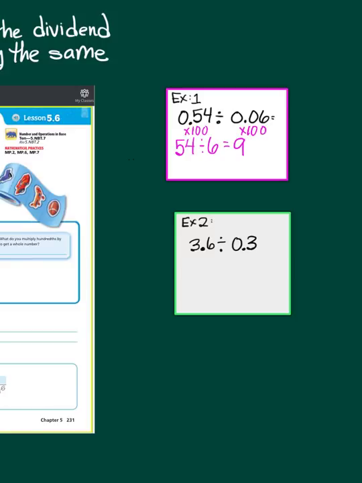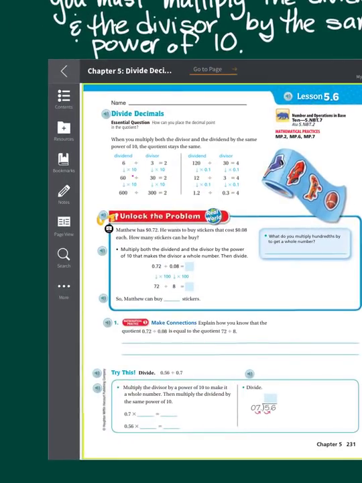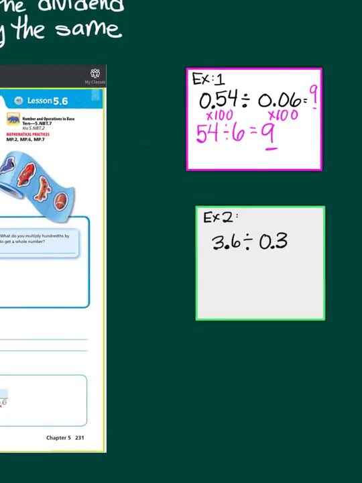And that's my answer, because no matter what power of 10 you multiply by, it's still going to equal the same number. 60 divided by 30 equals 2, and 600 divided by 300 equals 2. So no matter what you multiply by, any power of 10, it's still going to equal the same.